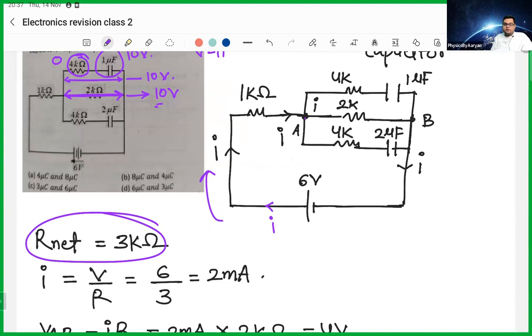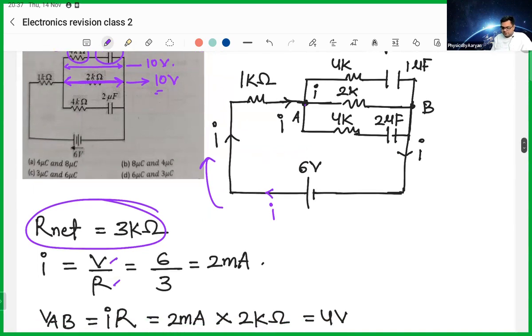Total current is voltage by resistance. Total voltage in the circuit is 6, total resistance is 3 kilo ohm. That is why the total current in the circuit is 2 milliampere. So 2 milliampere current is passing through it.